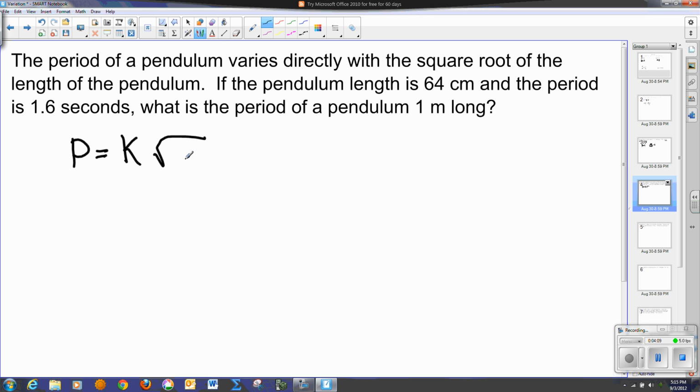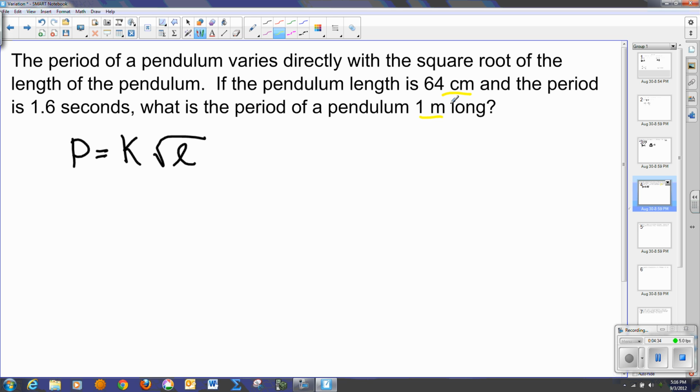So the square root, I'll call this L. Now, it says if the pendulum length is 64 centimeters and the period is 1.6 seconds, what is the period of a pendulum 1 meter long? We need to notice right off the bat that we have a unit issue. We have centimeters here and meters here. So we're going to have to convert one or the other.